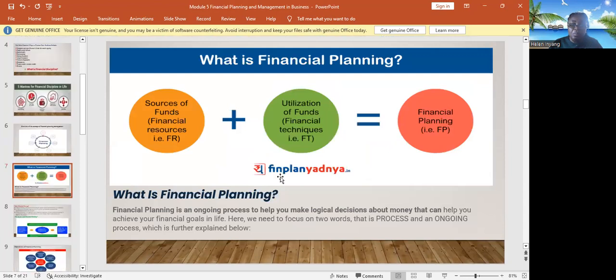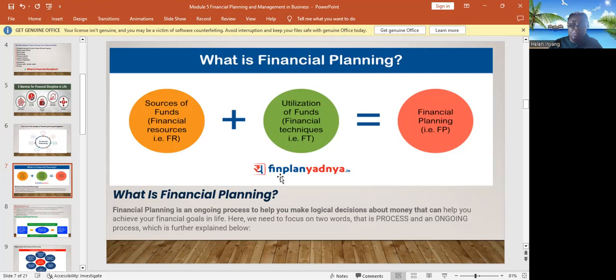Now, what is financial planning? In a nutshell, we can sum up financial planning in this way: sources of funds, that's financial resources, plus utilization of funds, financial techniques. This will give you financial planning. You must know where you source your funds. You don't get your funds where you will pay exceptionally high interest.